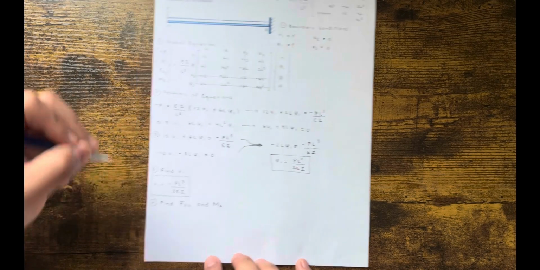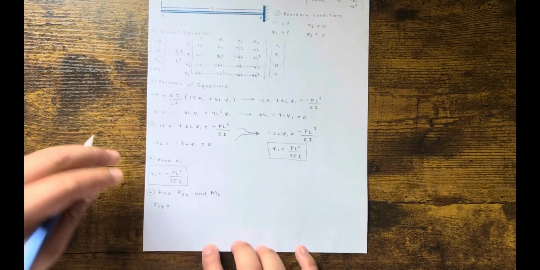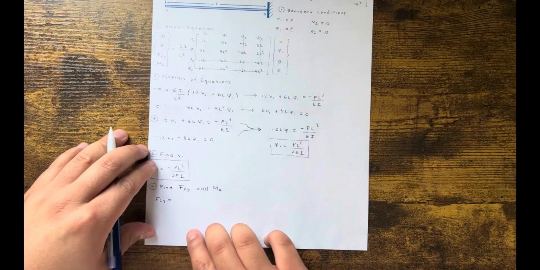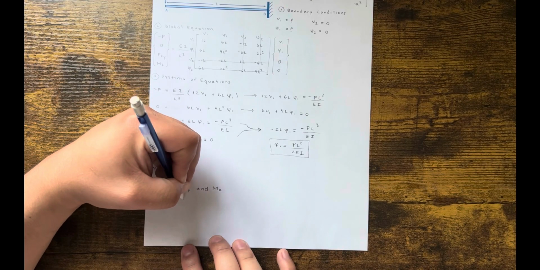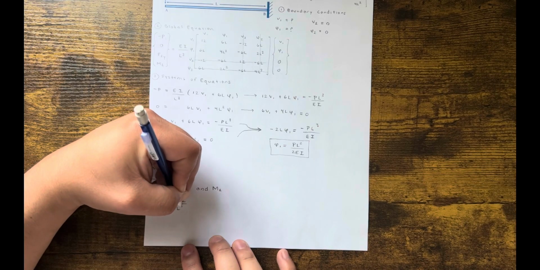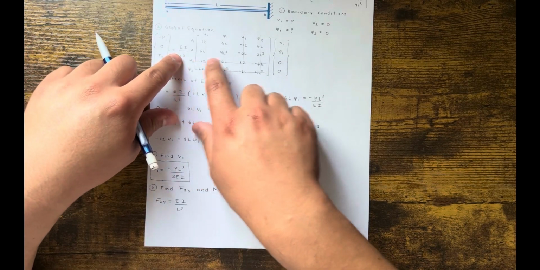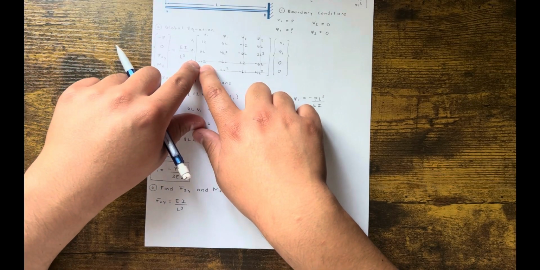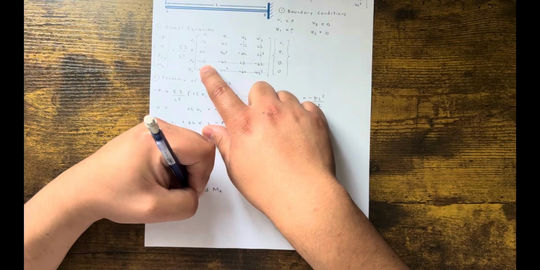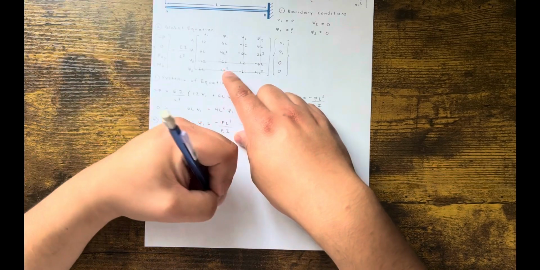So F2Y equals, let me see, there you go, you can see my paper. F2Y is going to equal EI over L cubed, right? In this case, it's the third equation, so we're using this, -12V1 minus 6LV1.